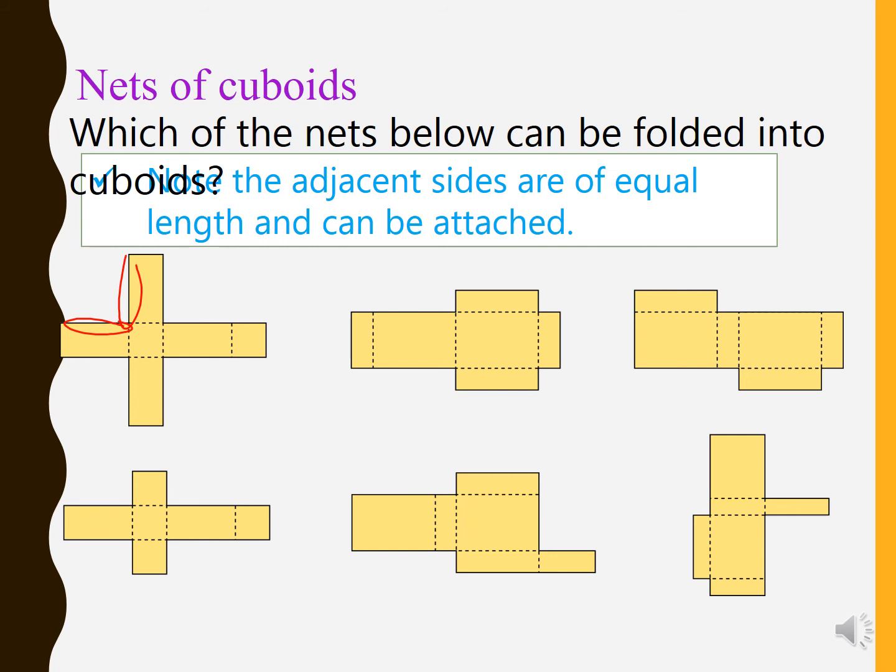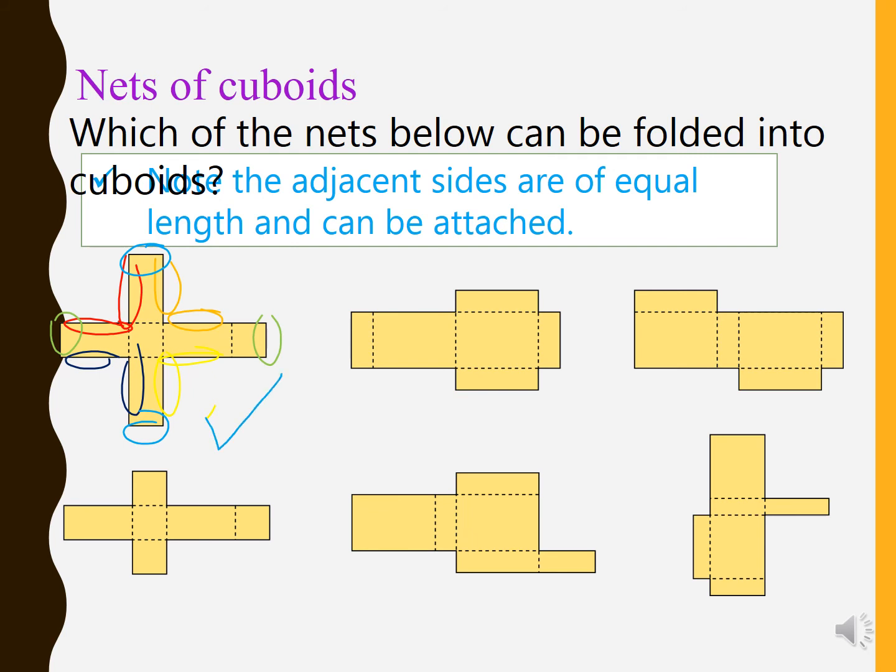This is the first pair, and this is the second pair, third pair, the fourth one, the fifth one, and the sixth one. So all of them can be attached. So it can be folded into a cuboid.